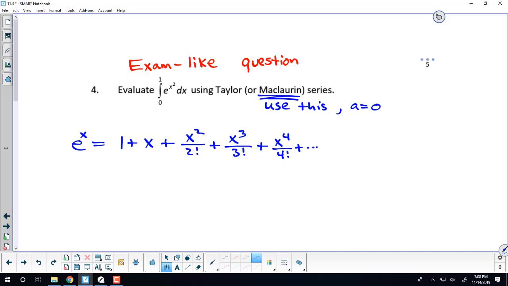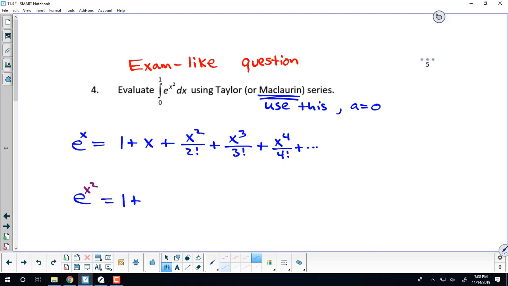Okay, so if that's e to the x, we're trying to find the antiderivative of e to the x squared. So make sure you make that substitution. Let me do this. So then we have e to the x squared is going to be the same series. We're just replacing the x with an x squared.